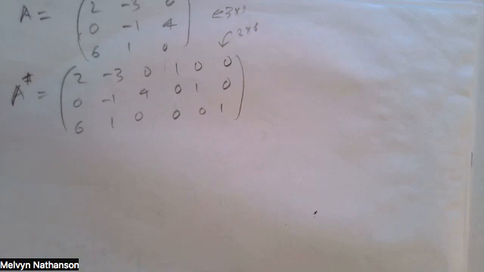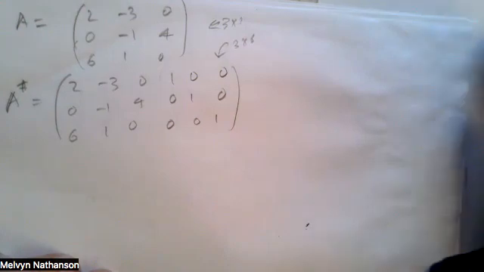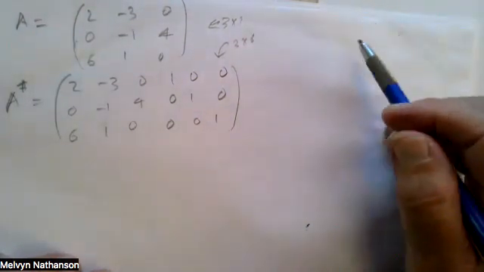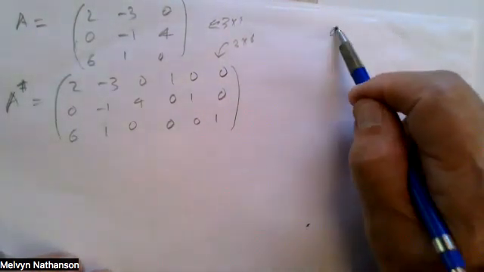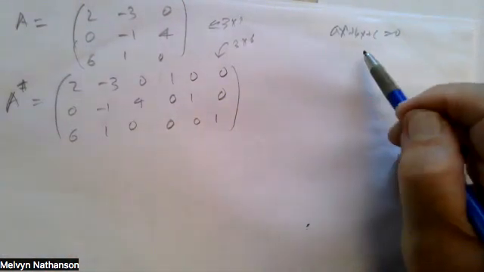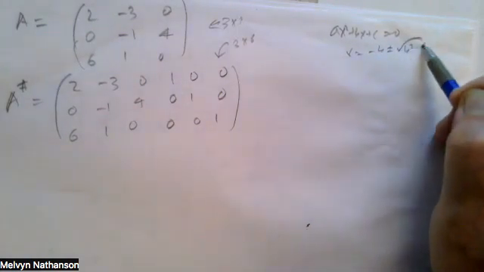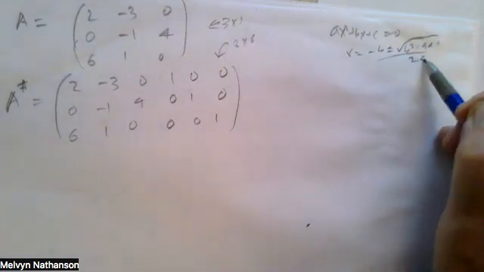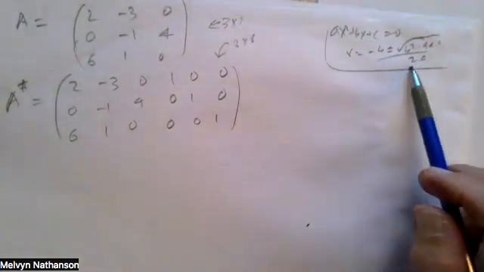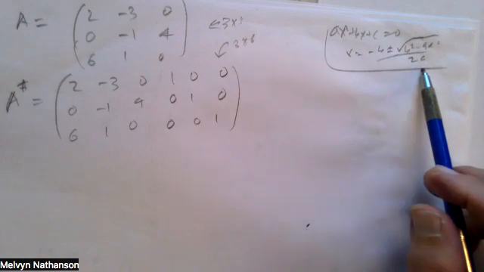Okay? I can explain why it works later, but I'm just showing you this is an algorithm that makes it work. It's no different than when someone tells you in high school, if you have the equation ax squared plus bx plus c equals 0, the solution is minus b plus or minus square root b squared minus 4ac over 2a. Now, you might not know where this comes from, but this is the solution, okay?